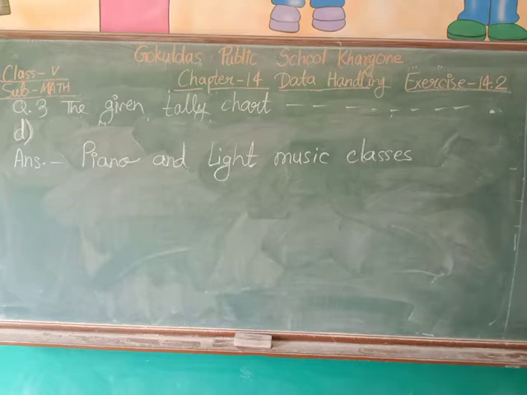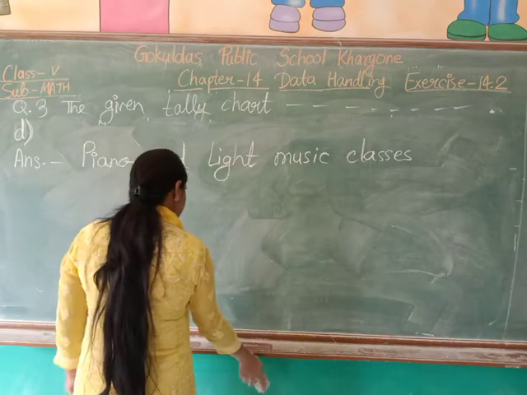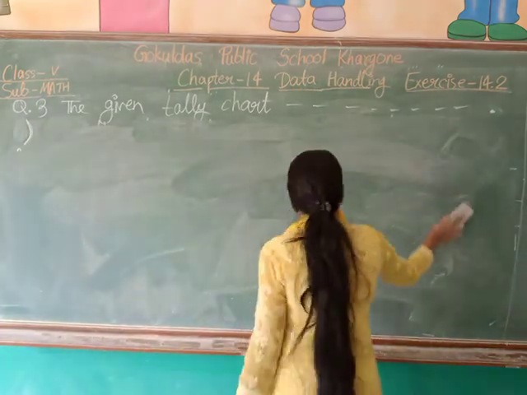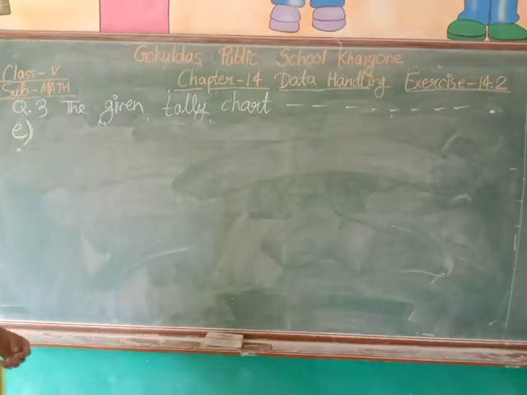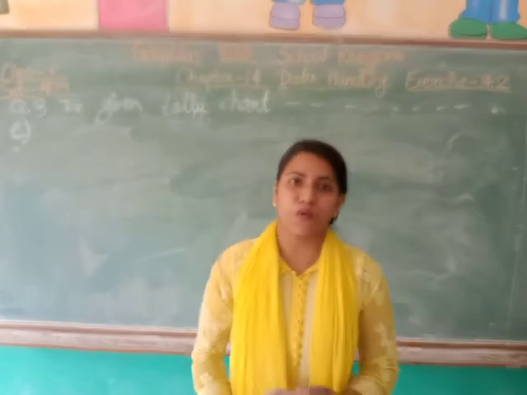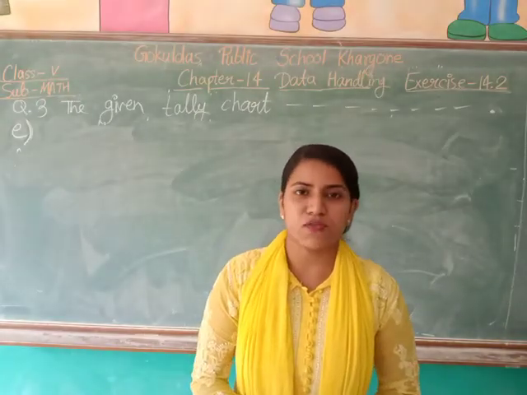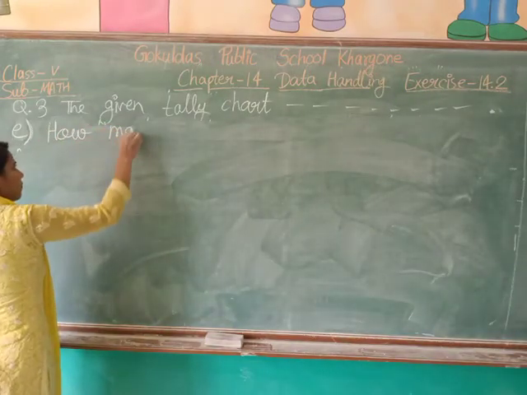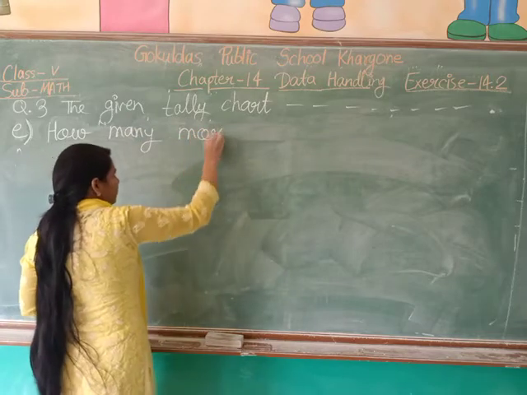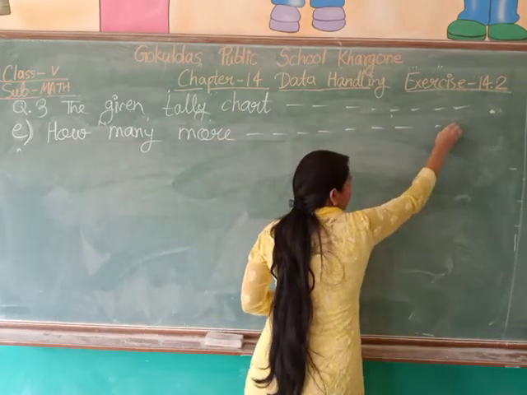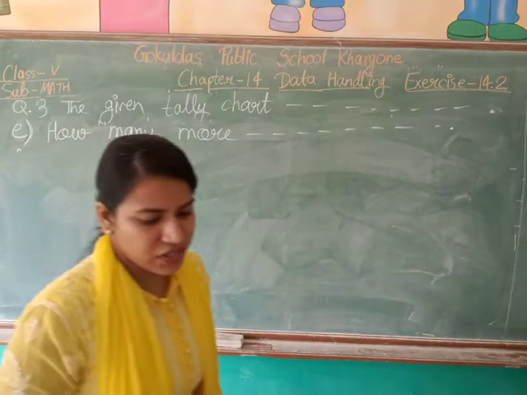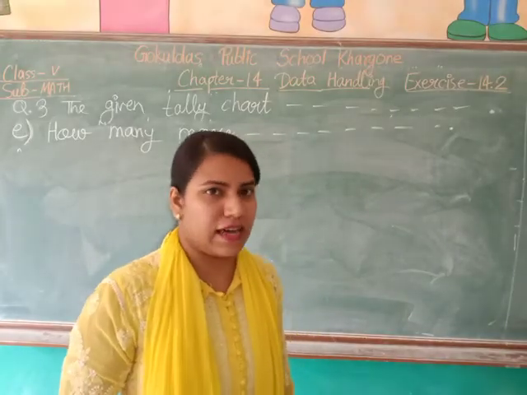Now the last question, that is E. Read question number E. Question number E is, how many more children attend classical music than the guitar?